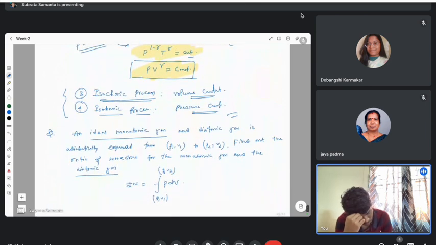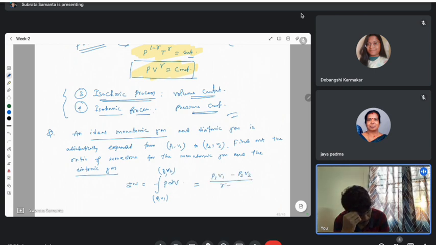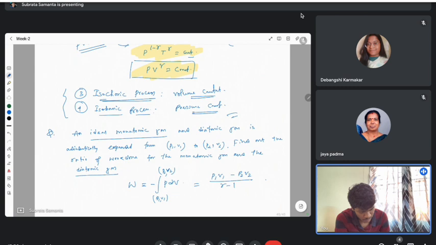For an ideal gas, we get this relation: P1 V1 minus P2 V2 by gamma minus 1. So this is W. When we integrate over this, we get W, right? P1 V1 minus P2 V2 by gamma minus 1.